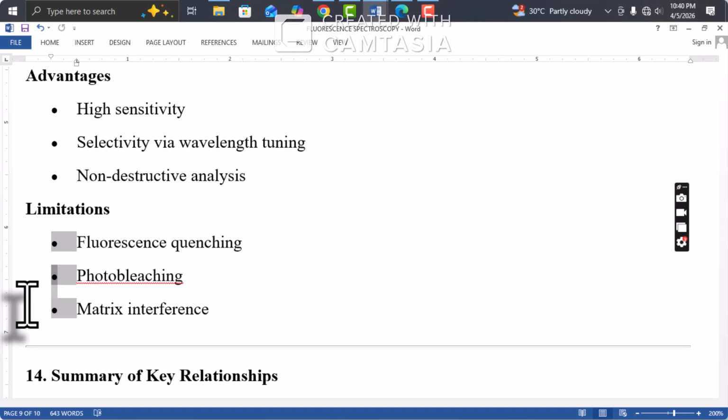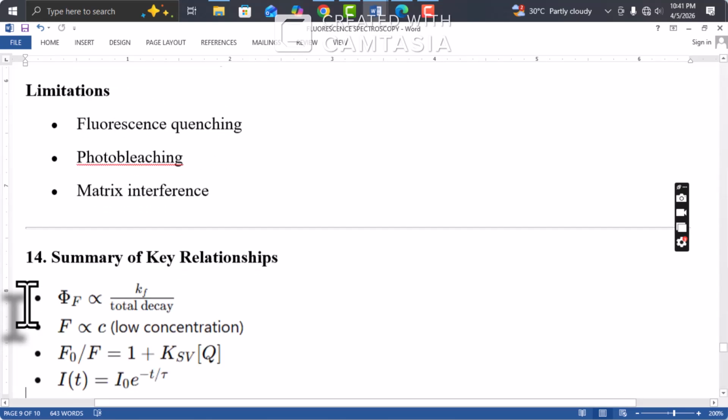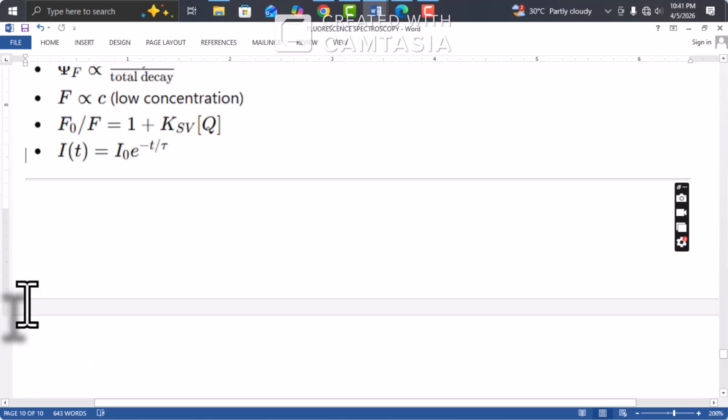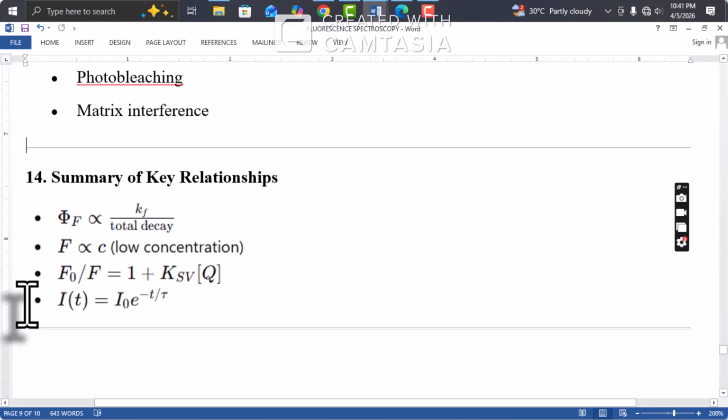So let's say you want to detect a particular thing in a sample. Sometimes another thing can also be detected, and then you have two things being detected at the same time, and your detection can be wrong. So matrix interference. So these are a summary of key relationships.